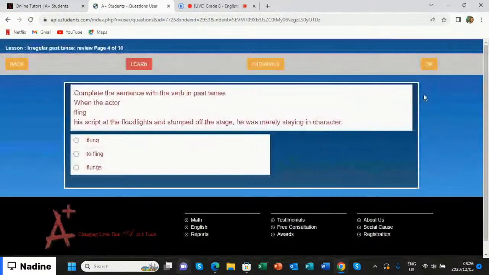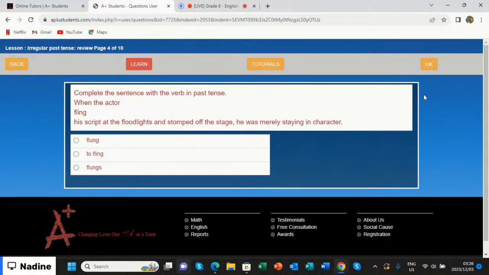When the actor fling his script at the floodlights and stomped off the stage, he was merely staying in character. So fling, we need to find the verb in the past tense.